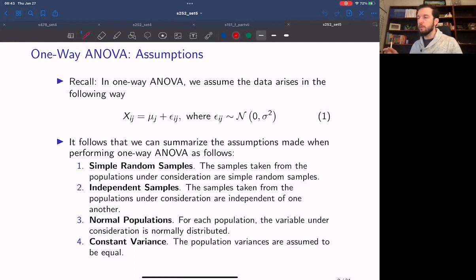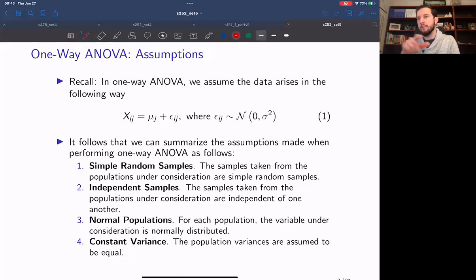From this model, we can write down 4 assumptions: the simple random sample assumption, the independent sample assumption, the normally distributed population assumption, so essentially that all points are normally distributed, and the constant variance assumption. So each of the different populations that we are studying has the same variance.